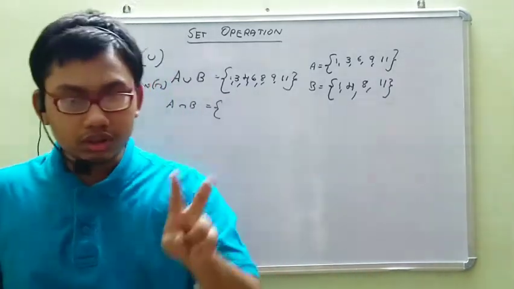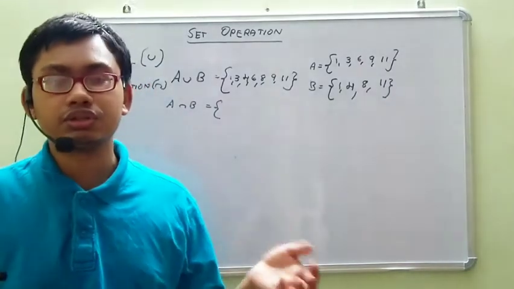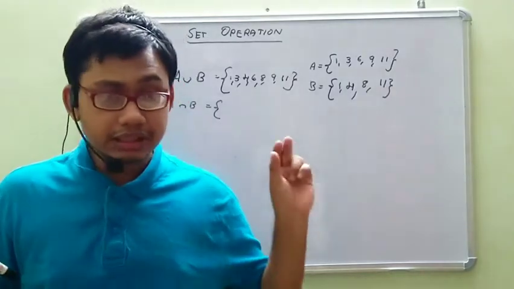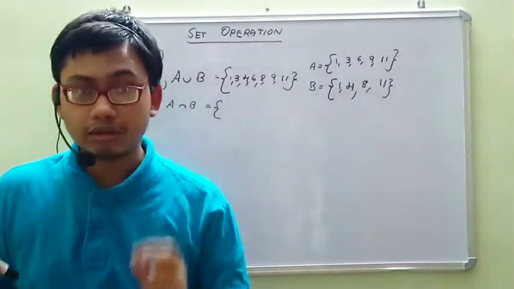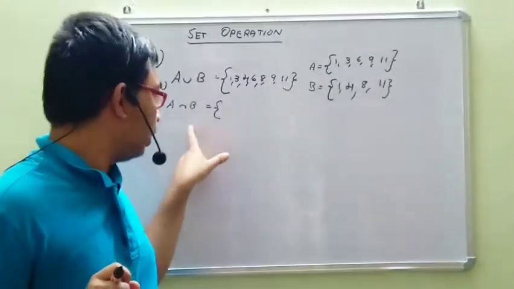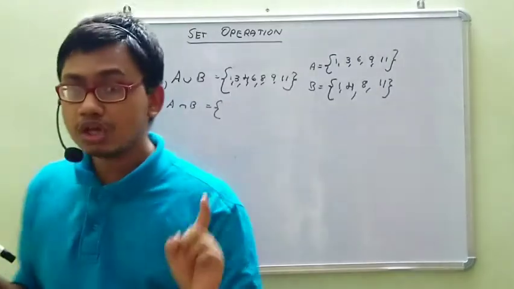If you are taking three sets, union will contain those elements which are present in at least one of the three. But intersection will contain only those elements which are present in all the three sets. Here we are taking only two sets, and it will contain only those elements which are present in both these sets.